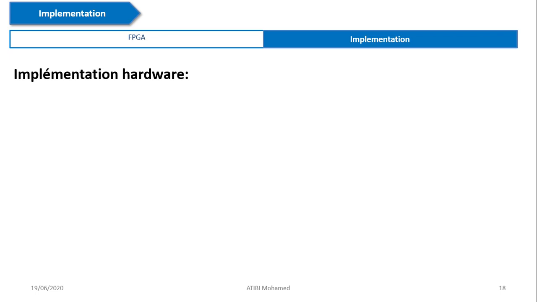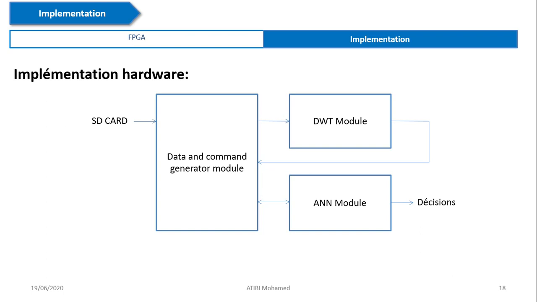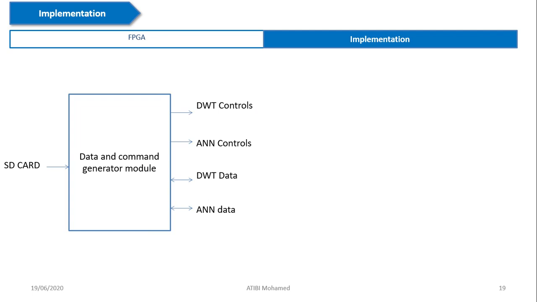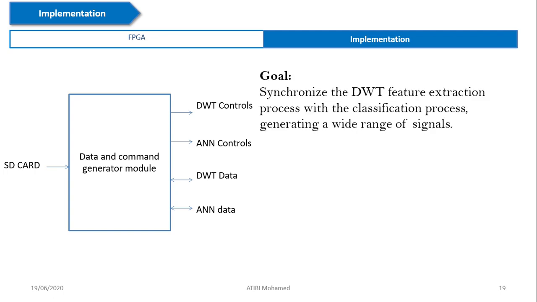the implementation. Our implementation used three models: the data and command generator model, the DWT model, and the artificial neural network model. The first model, the data and command generator model, has the goal to synchronize the discrete wavelet transform feature extraction process with the classification process, generating a wide range of signals.